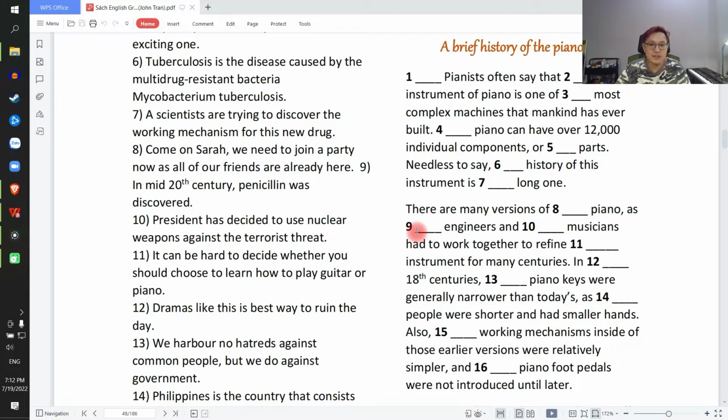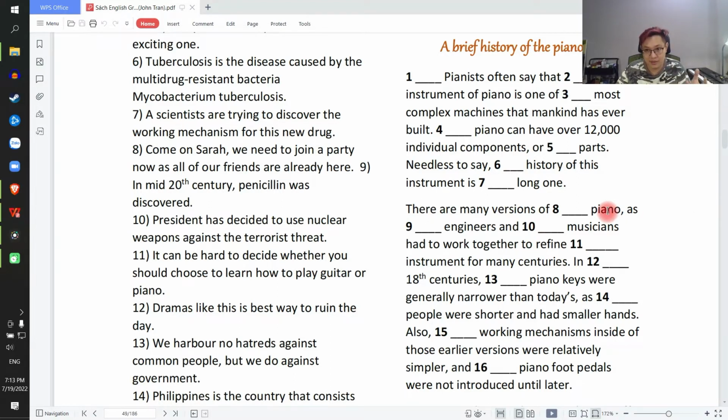Number 9: as engineers and musicians had to work together to refine the instrument for many centuries. Engineers and musicians in general, so no articles. The instrument here refers to the piano, and we know exactly what instrument we're talking about.